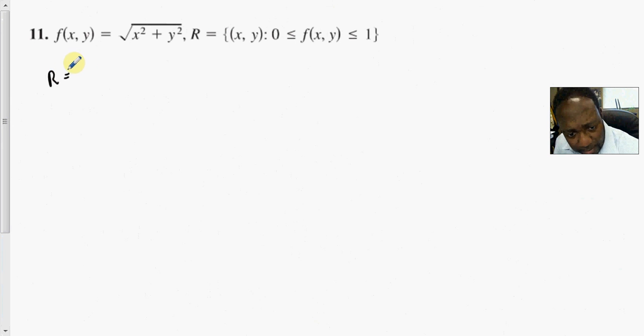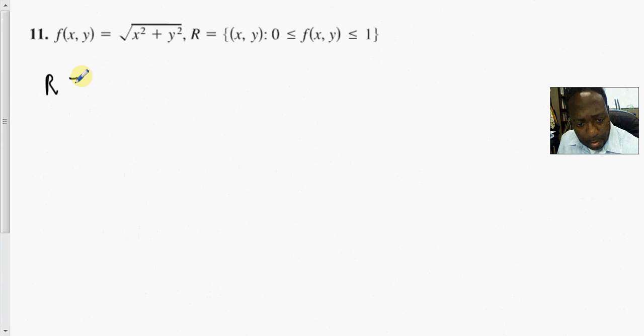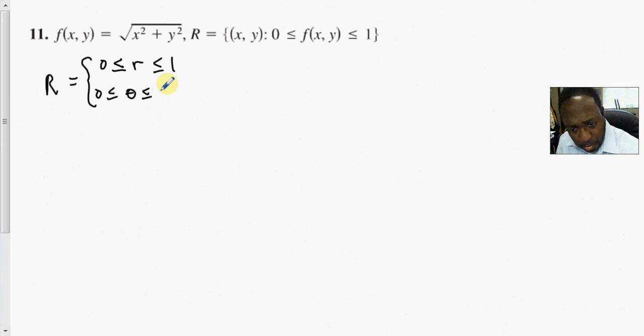So the region is 0 less than or equal to r less than or equal to 1, the radius is 1. And this is the complete circle, so it's 0 less than or equal to theta less than or equal to 2 pi. Okay, better.